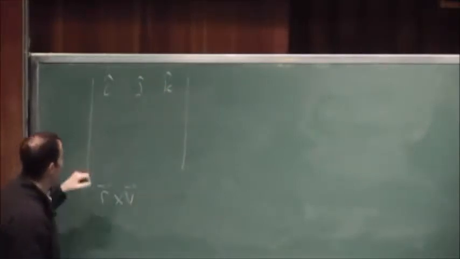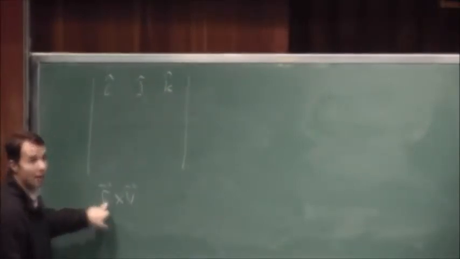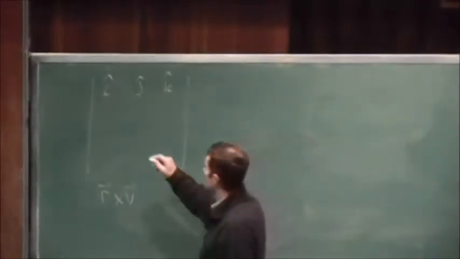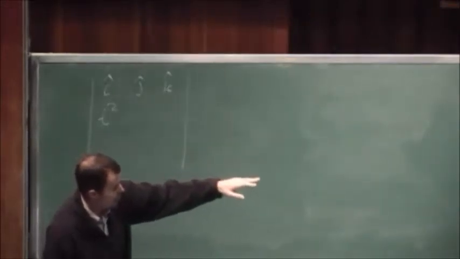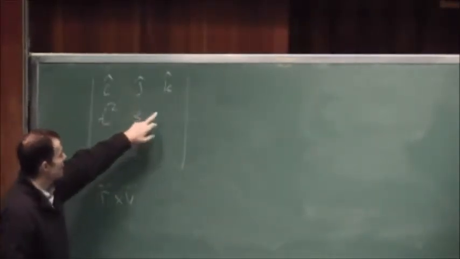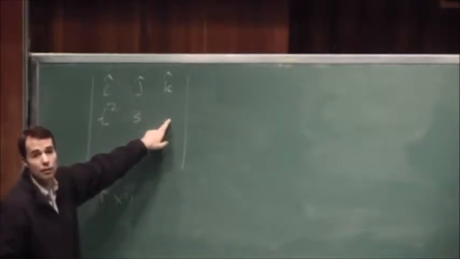My second row, I'm going to put my radius vector in. What I have in my radius vector is t squared I, so I just write t squared here. The second term is 3j, so I have 3 under the j, and then in k, what do I have? 0.